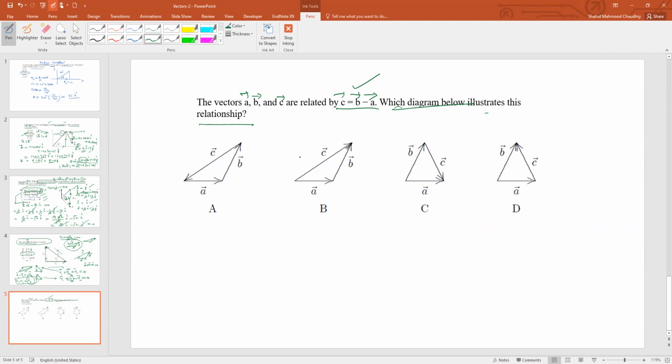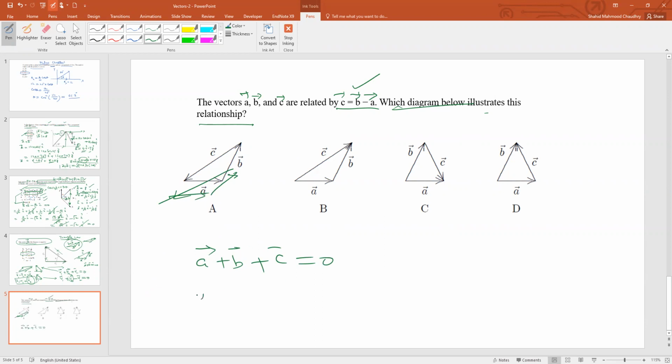Let's see the first diagram. I'm solving. So A plus B plus C equal to 0, because this is going this direction, this is going this direction, this is going this direction. Okay.